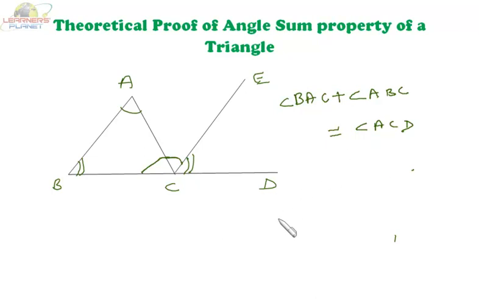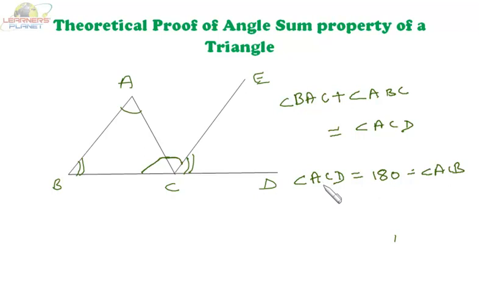So angle ACD can be written as 180 minus angle ACB, isn't it? This complete angle is 180 degrees. So if I subtract this, what can I write? It's 180 minus this. So angle ACD is 180 minus angle ACB.